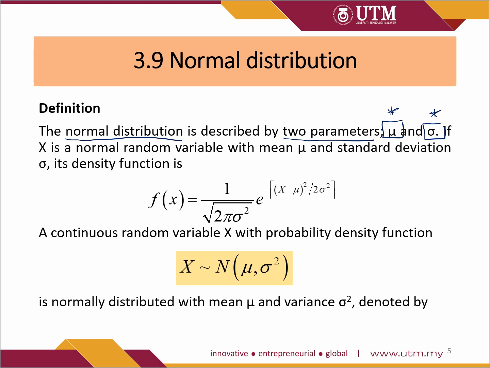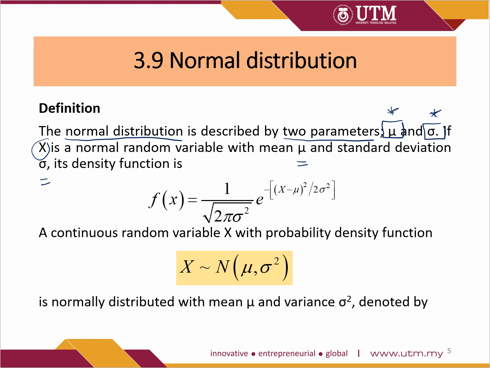Here, if X is a normal random variable with mean mu and standard deviation sigma, the density function is equal to 1 over the square root of 2 pi sigma square, times the exponential to the power of negative (x minus mu) square over 2 sigma square.